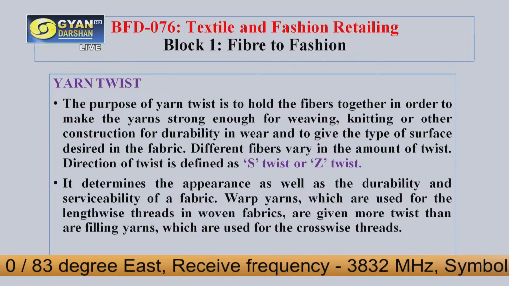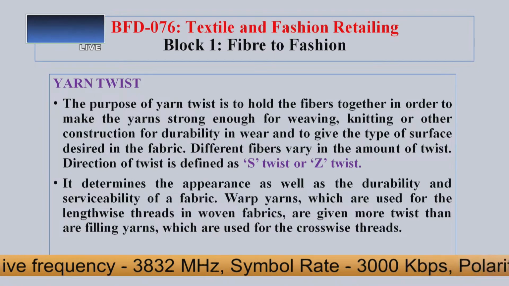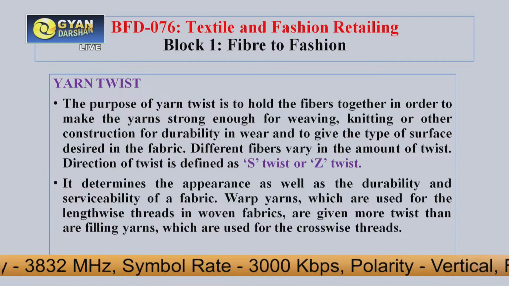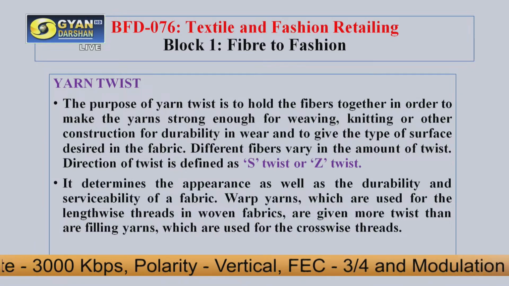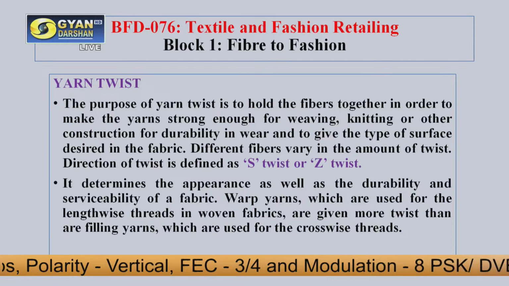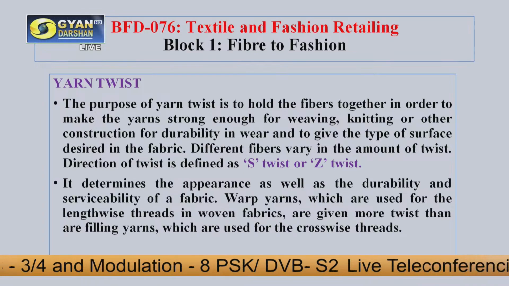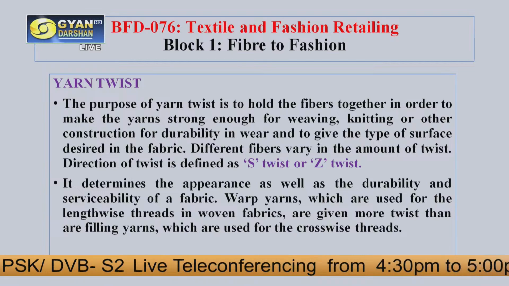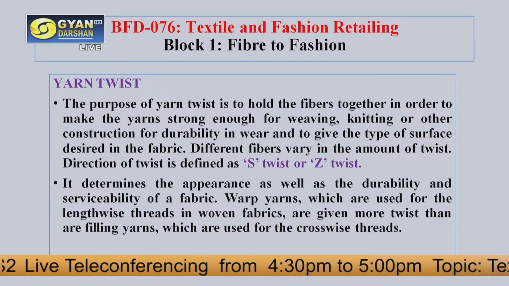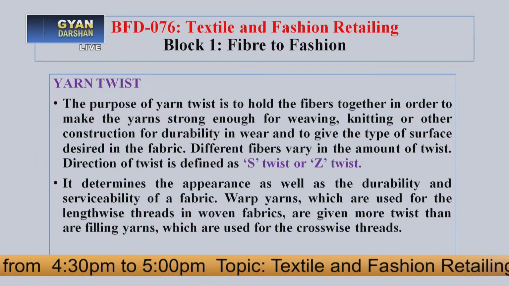Different fibers vary in the amount of twist. The amount of twist given to the fiber depends upon the type of fiber we are using. And for the direction of twist, we use 2 directions: one is the S twist and the second is the Z twist. So this defines the direction of a twist.